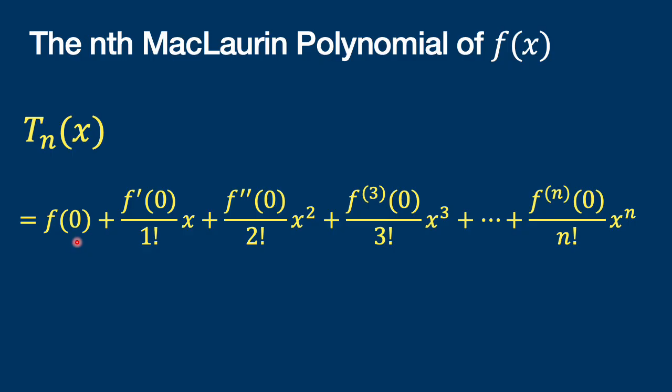The center is 0, it starts with f of 0 and ends with the nth derivative of f at 0 over n factorial times x to the n. So focus, n represents the degree of the polynomial. You stop this polynomial at degree n. That we call the Maclaurin polynomial.